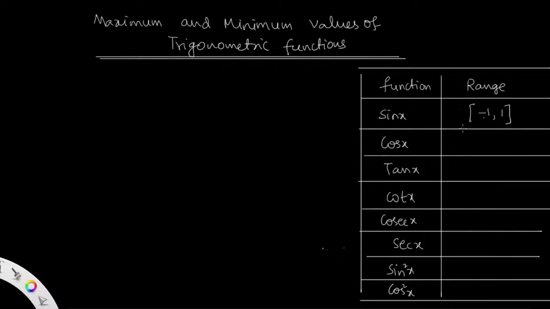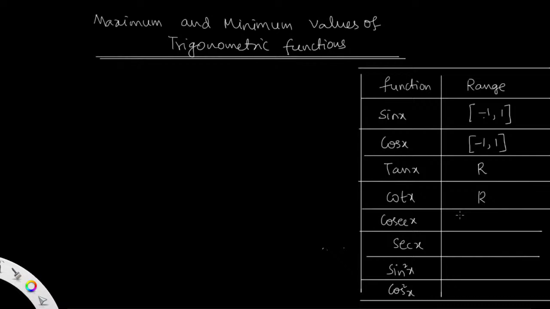Range is written in the form of brackets: the minimum value -1 first, and the maximum value +1. Similarly, cos x is also -1 to 1, and the range of tan x is all real numbers. Cot x also takes all real numbers.